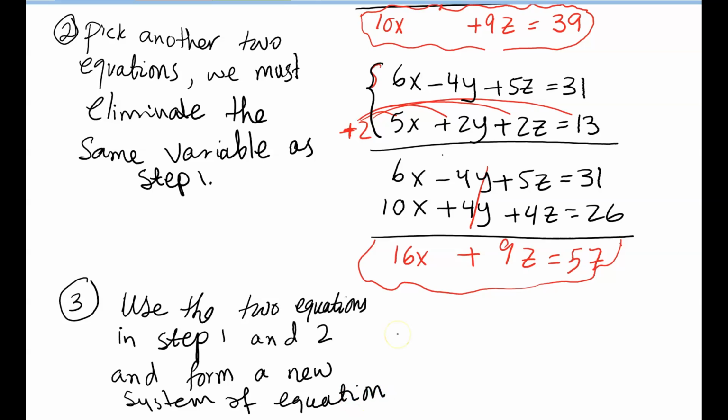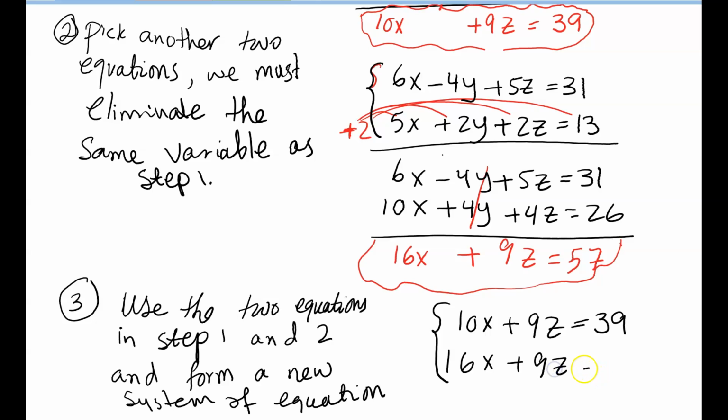So we had one equation as a result of step 1, and that was 10x, if you see in red up top here, plus 9z equal to 39, and then 16x plus 9z equal to 57.